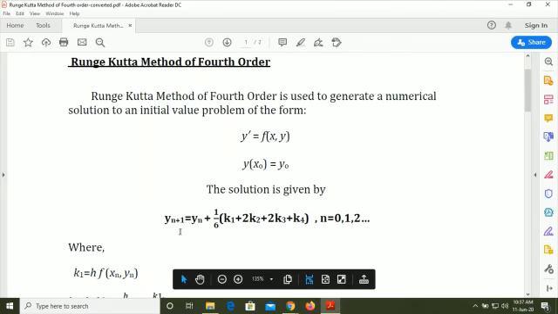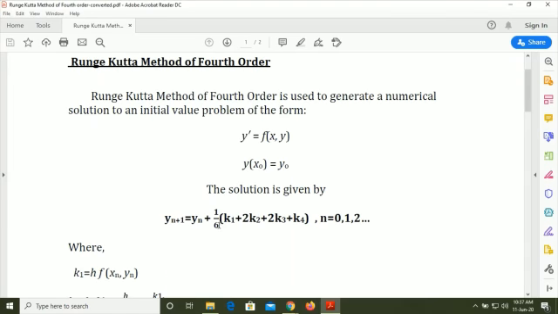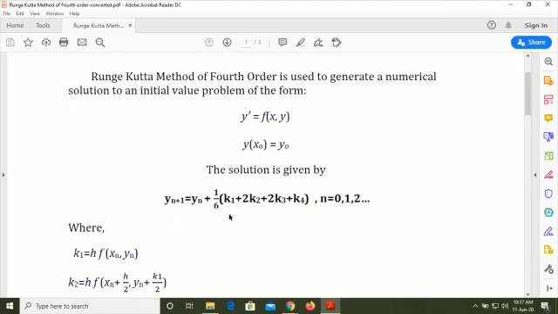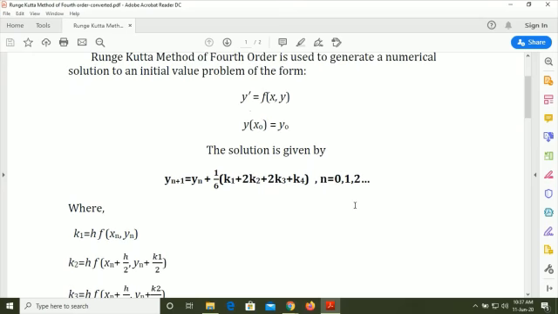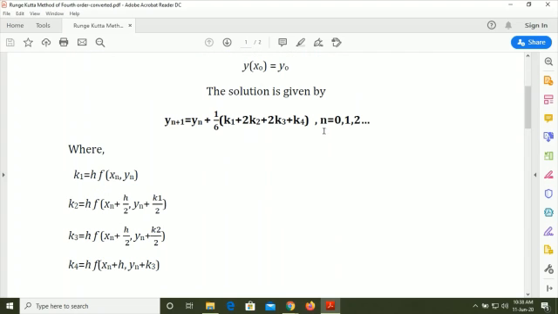And the solution is given by y(n+1) = yn + 1/6 (k1 + 2k2 + 2k3 + k4), where n = 0, 1, 2, 3, etc. That means when n = 0, we get y1 = y0 + 1/6 (k1 + 2k2 + 2k3 + k4).